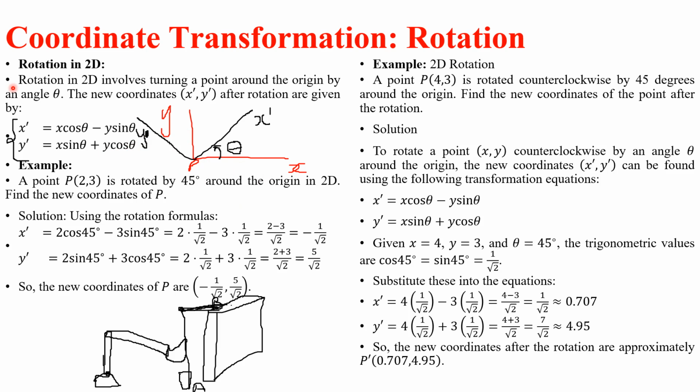All right, so take for example, if a point P has these coordinates 2 and 3 and is rotated by an angle of 45 degrees around the origin in 2D.